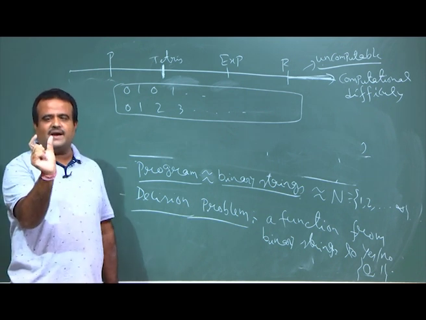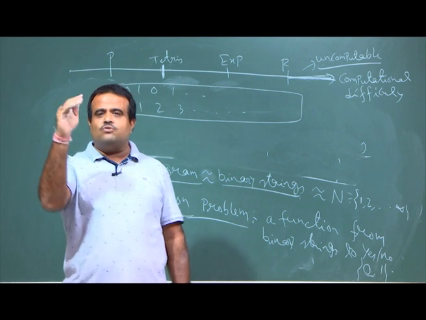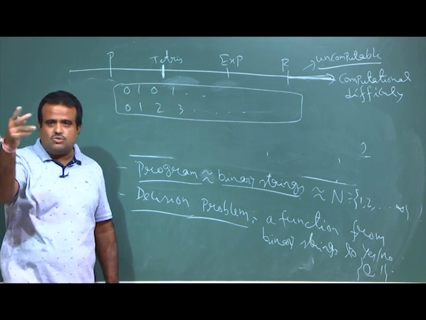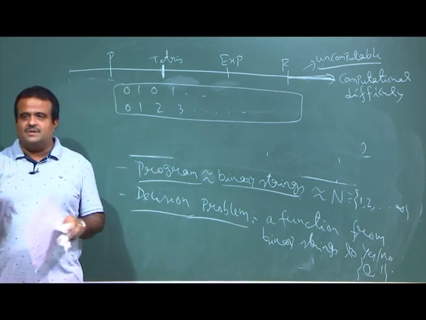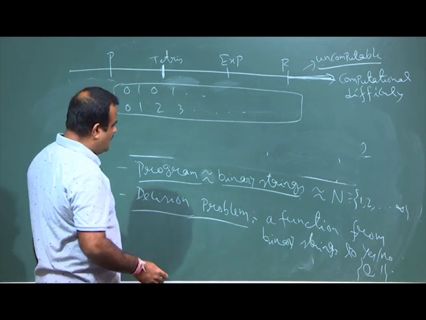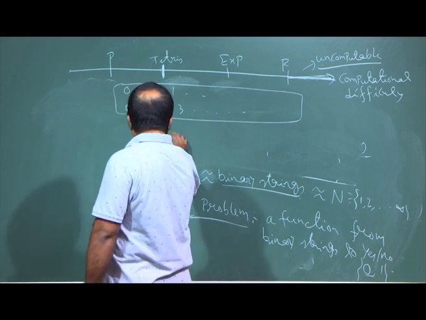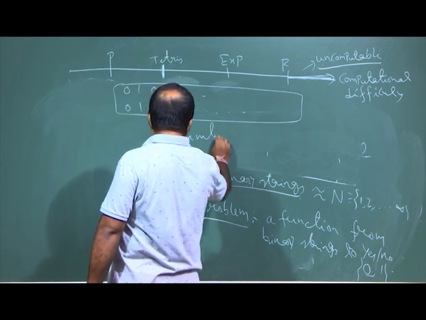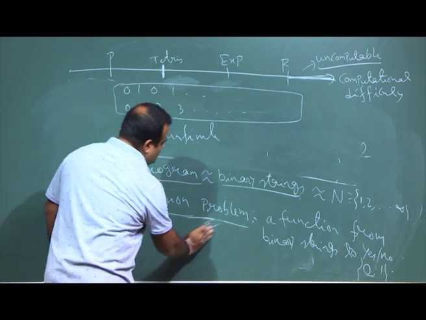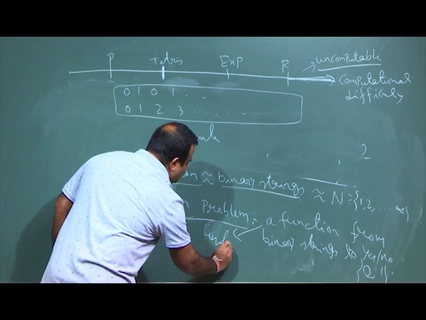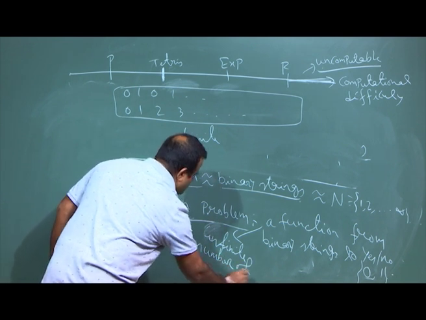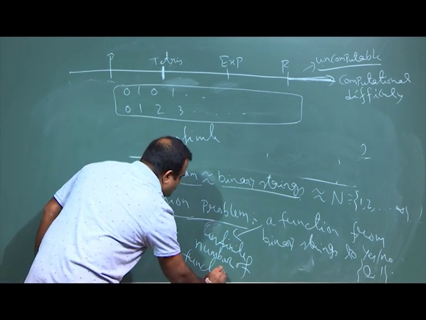If the string is finite, with n bits, then there are 2 to the power n functions, because each field can be filled in 2 ways. But here the number of bits is capital N, so it is infinite. The size is infinite, so the number of such functions is uncountably infinite.